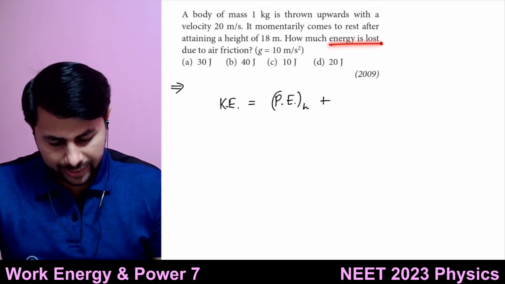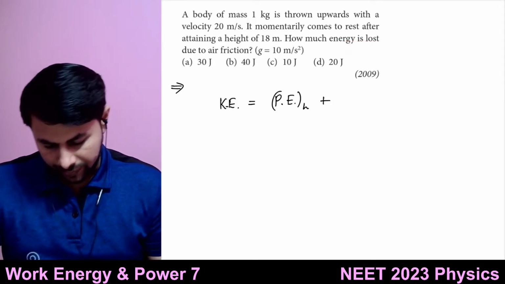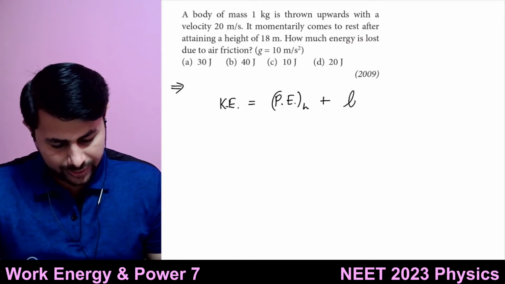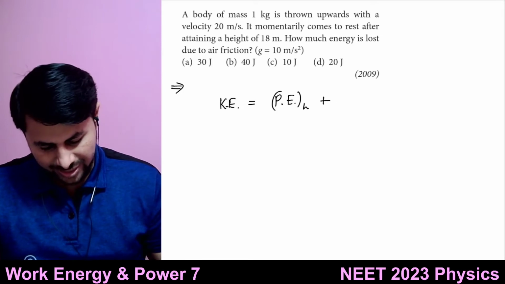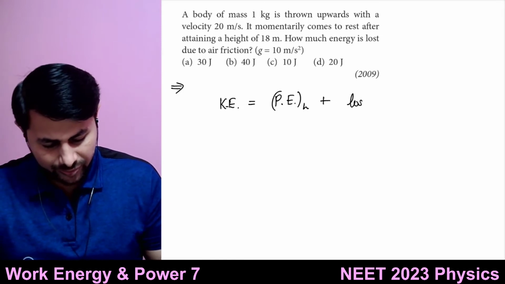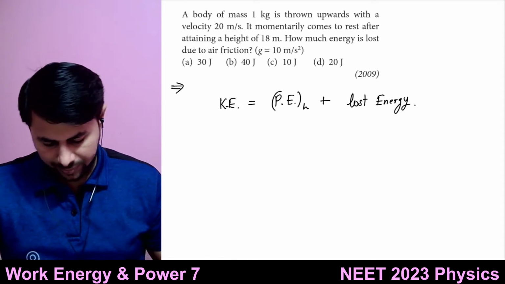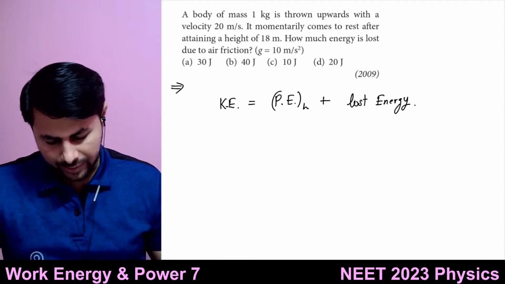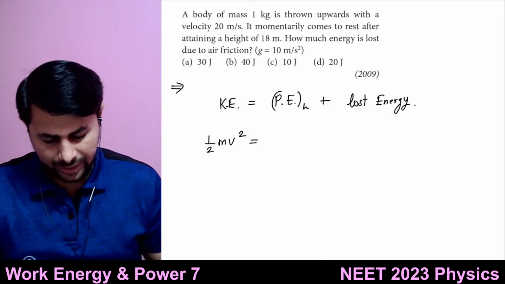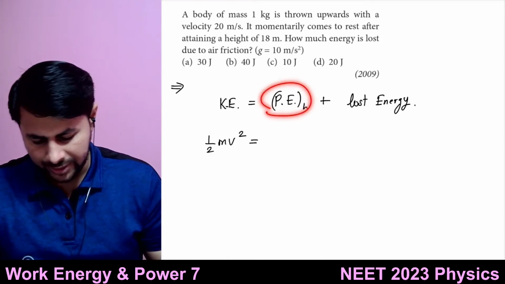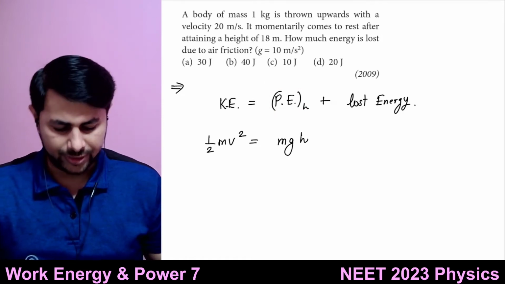And that's what we have to find out: how much is the lost energy? Now kinetic energy is half of m into v square, and it is equal to potential energy at height h, so mgh.